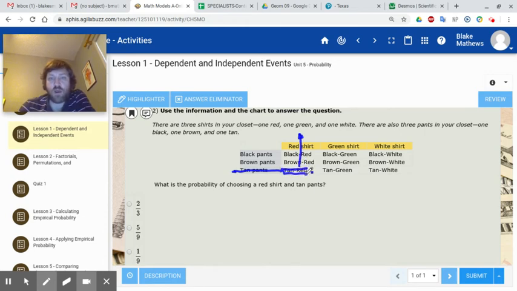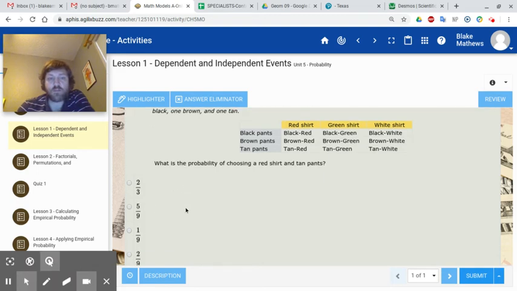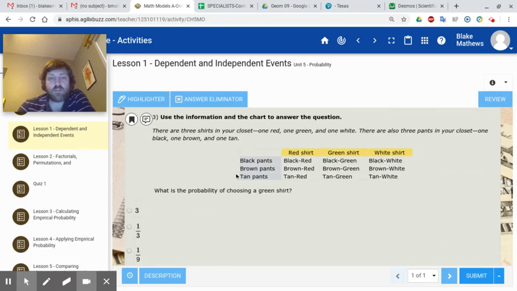And that is one out of 9 options. So there are 9 total options, and tan red is one out of those 9 options. So that's all they're really wanting you to do. So you'd be choosing this one. And that's what you're doing for the rest of these problems here.